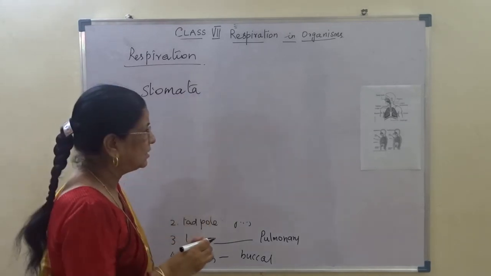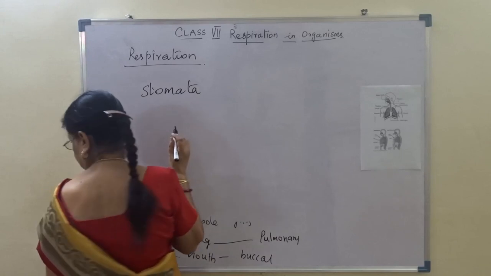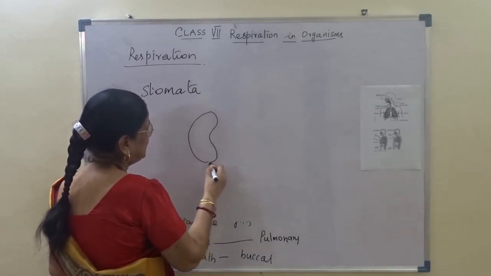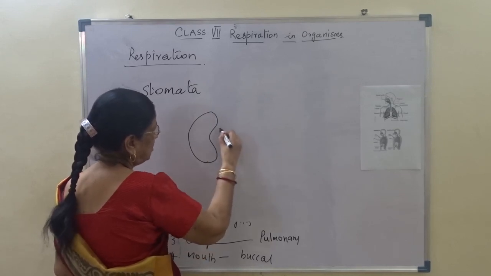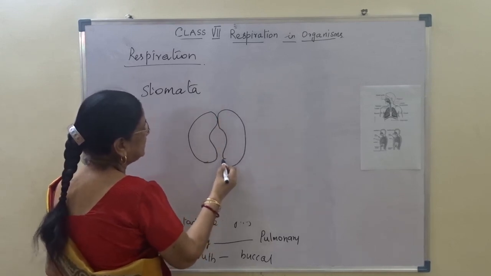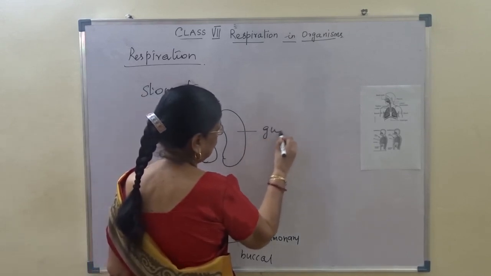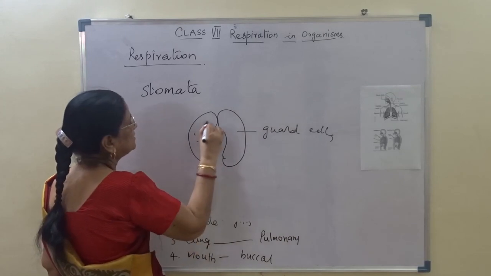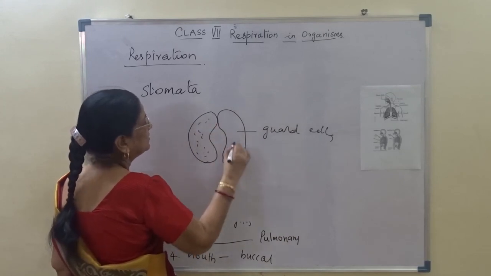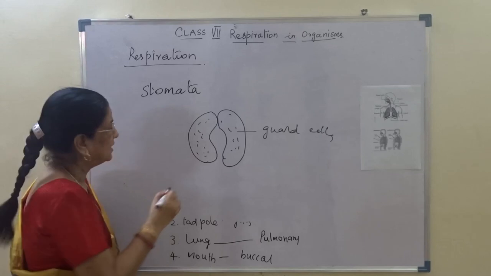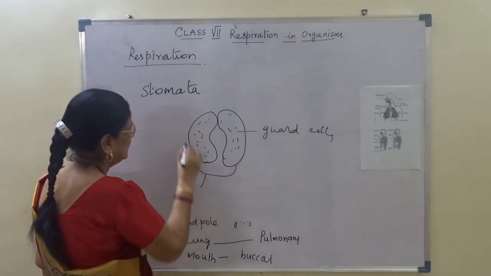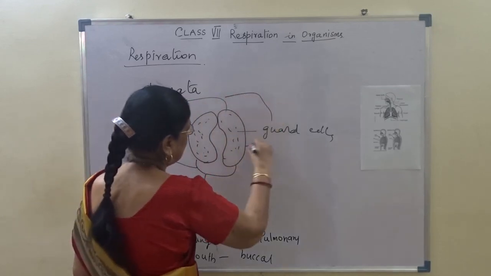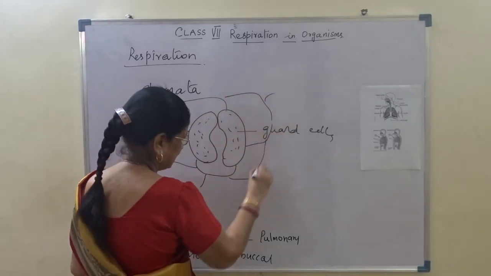Now, the stomata is normally green in color, having two bean-shaped or kidney-shaped cells called guard cells, having chloroplast and other nutrients, and it is surrounded by the epidermal cells.